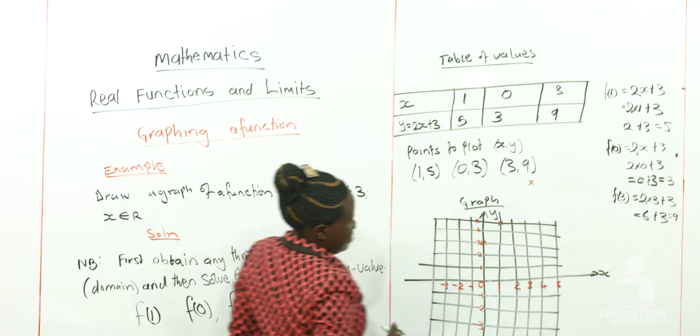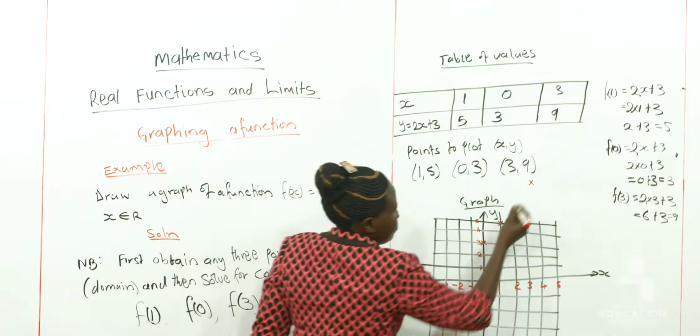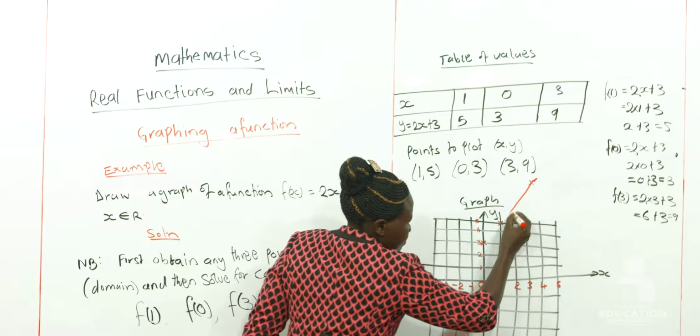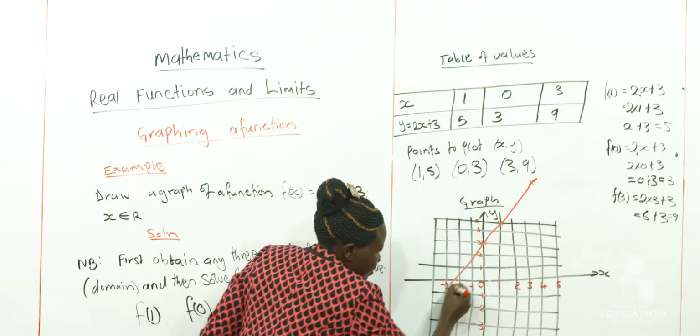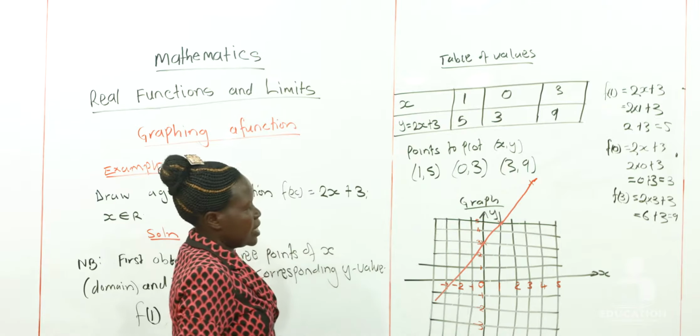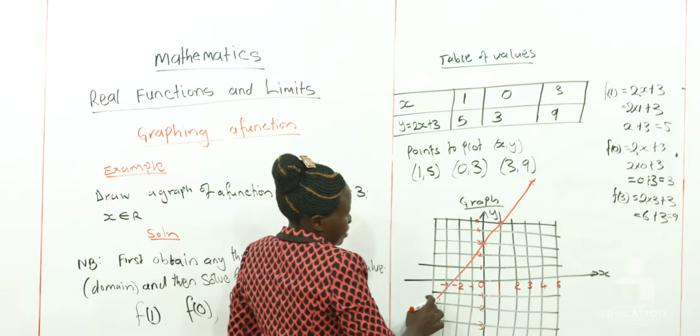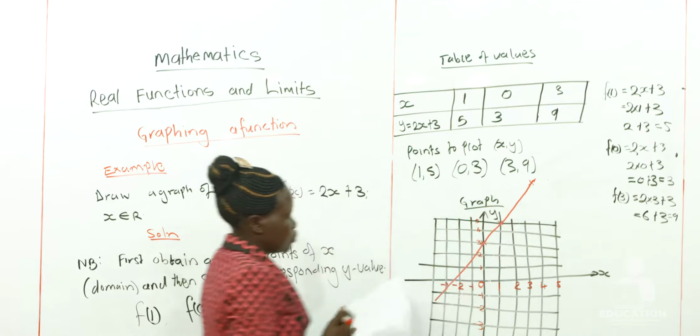So after you have done that, you can now join your line. You join those points. You will find that the points are lying on a straight line.